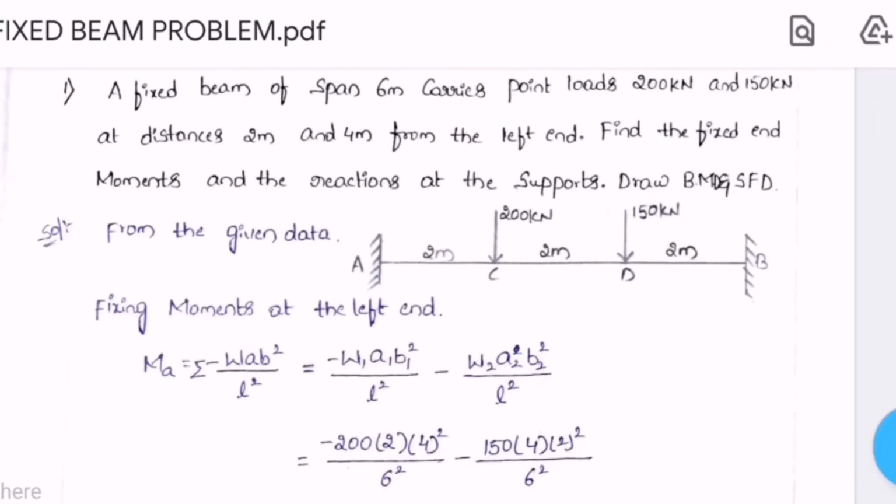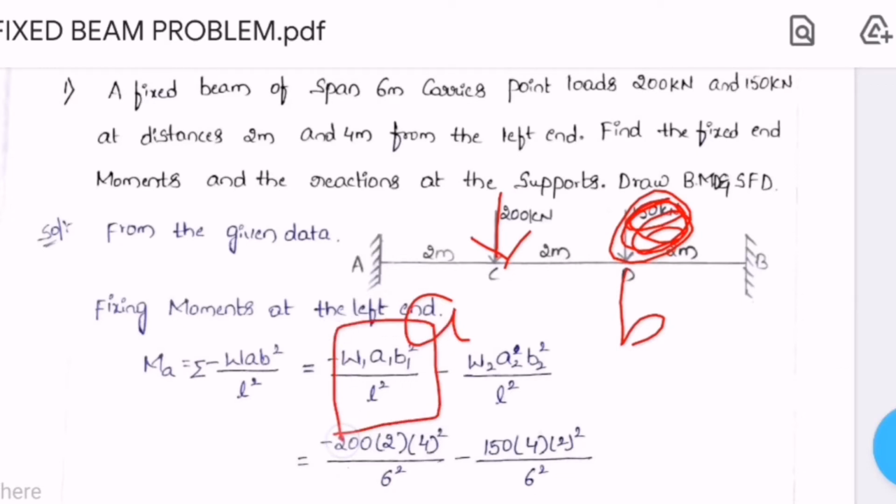Suppose there is no load acting here, we have only a 200 kilonewton load acting eccentrically at a distance of 2. Suppose this is small a and small b. We have the formula, that is minus WAB square by L square.